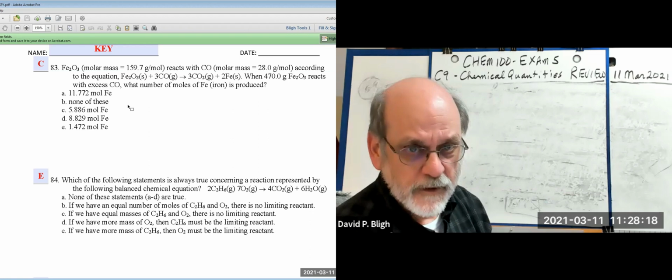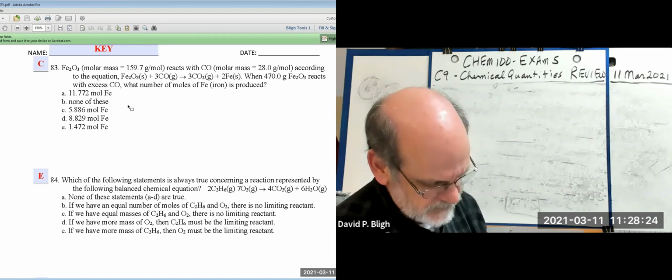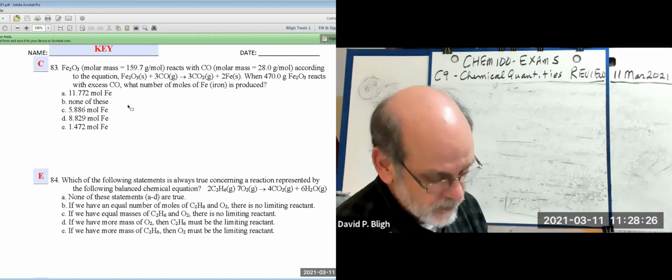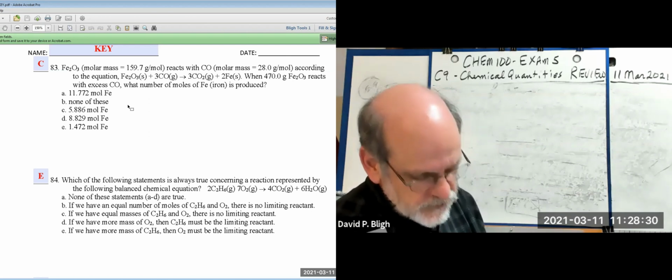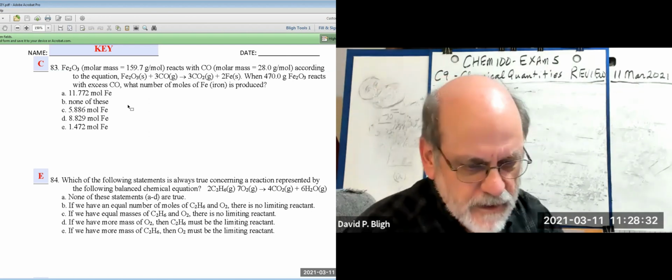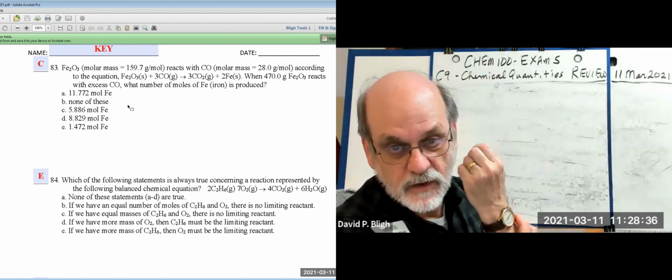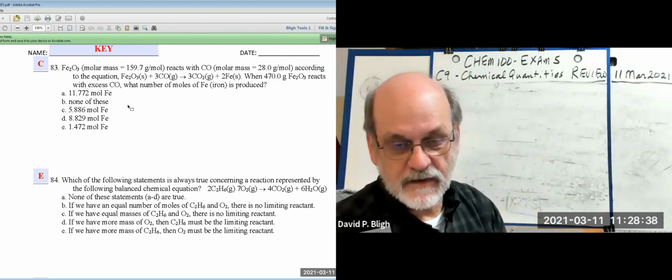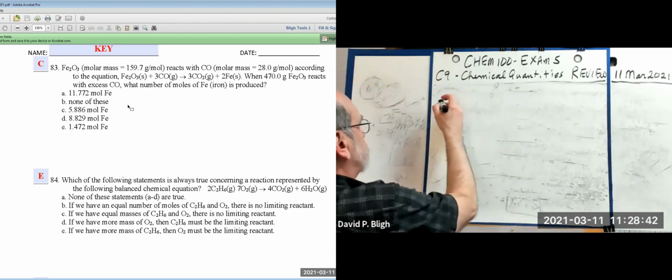It's just different amounts. 470 grams of Fe2O3, and here in number 7 is 185.5 grams of CO. Okay. So it's using the same balanced equation. You're just given a different starting point. And you're going to end up with predicting the number of moles of iron. So we might as well work it then.